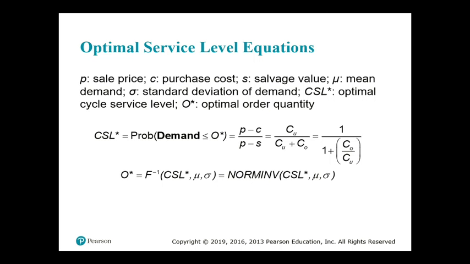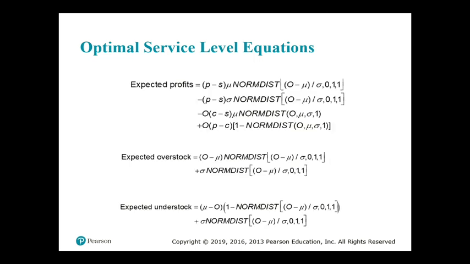And CU is the cost of under-ordering, which is equal to P minus C. And CO is the cost of over-ordering, which is equal to C minus S. And we also talked about these formulas for how to calculate the expected profit for the company, the expected overstock, and the expected understock for the company. All right, so we have learned all of this before, and this is the formula for a single company.